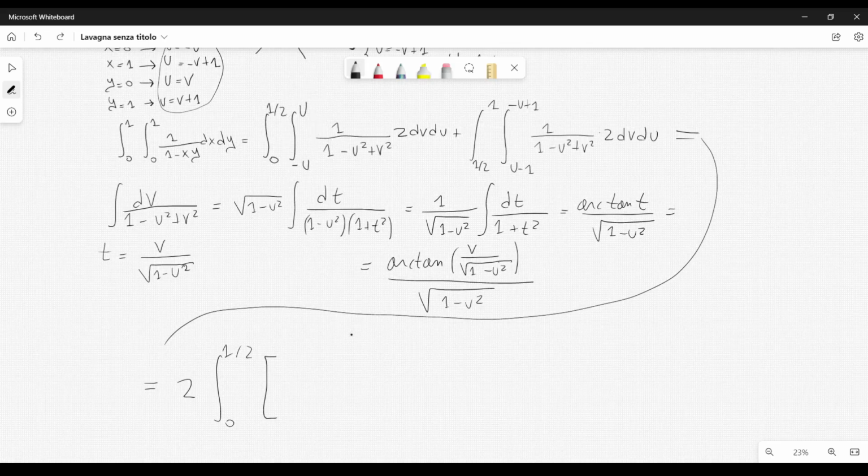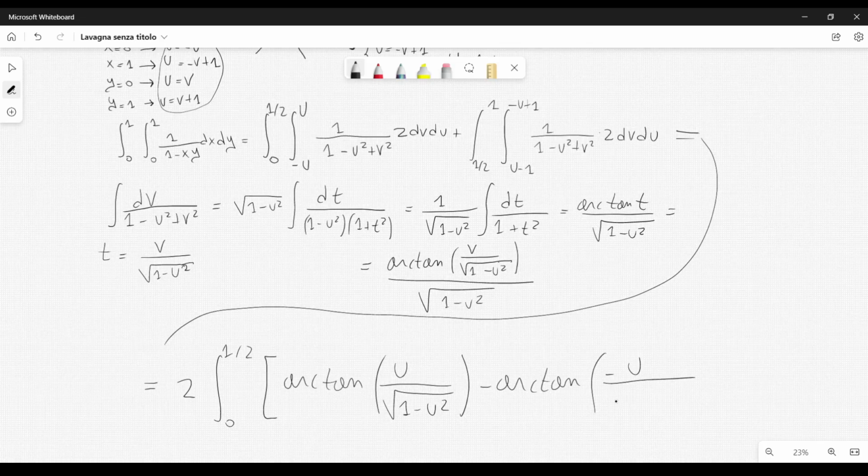So we have arctangent of u divided by the square root of 1 minus u squared minus arctangent of minus u divided by the square root of 1 minus u squared, and then du divided by the square root of 1 minus u squared, which comes from here.